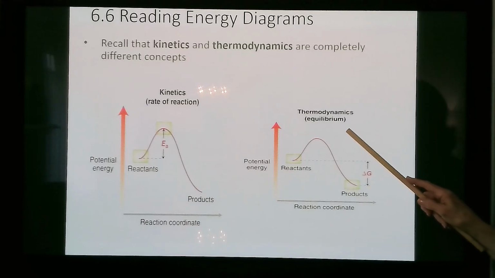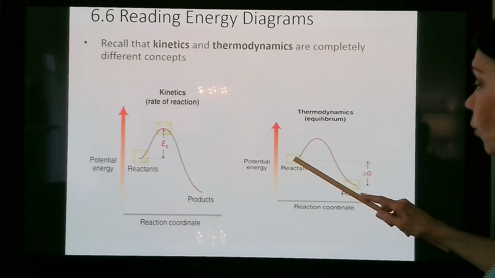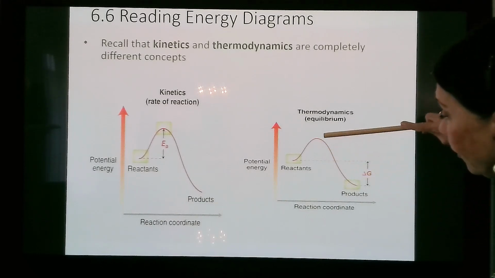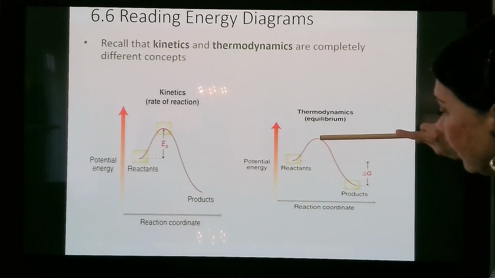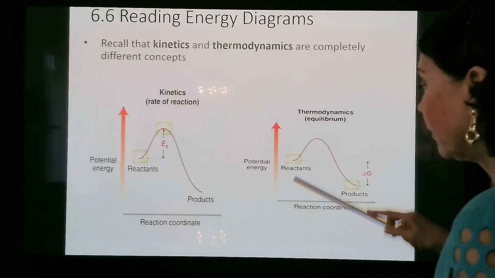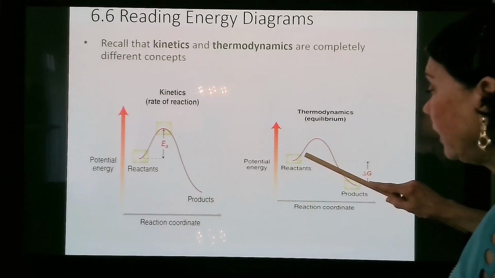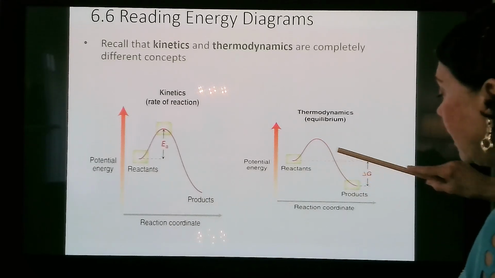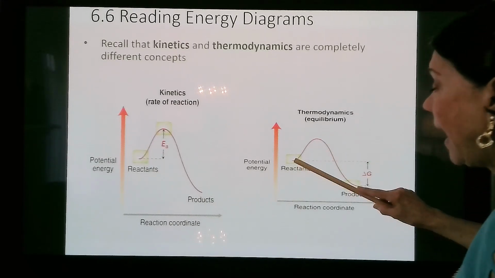Now, if you have an equilibrium, you have a totally different situation. The reactants go over a smaller energy barrier. We are not concerned with the height of the energy barrier, because it is low enough that the reactants can get over it easily, and it's also low enough that the products can get back over.